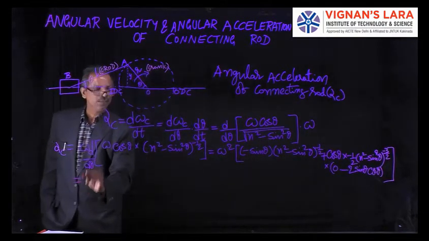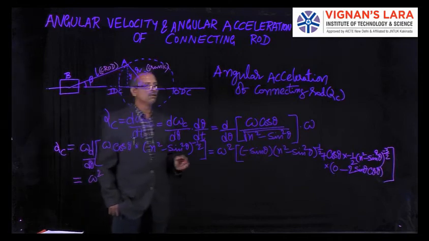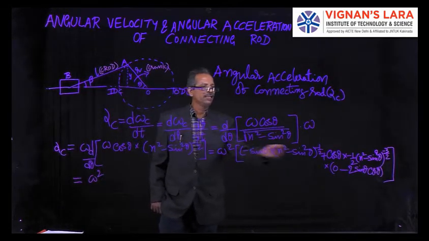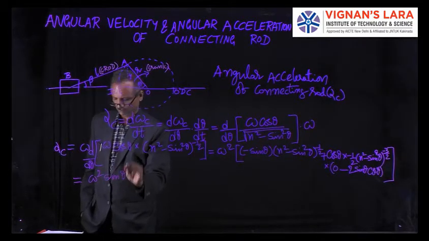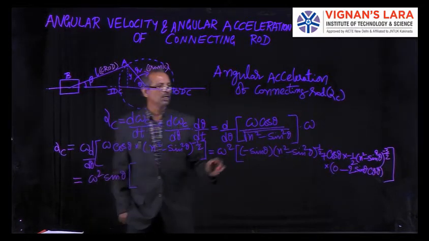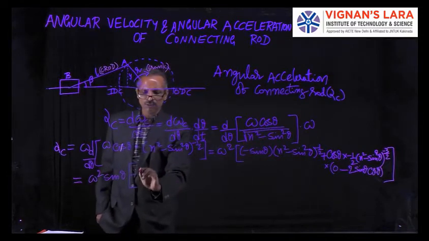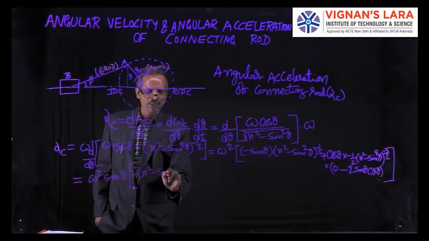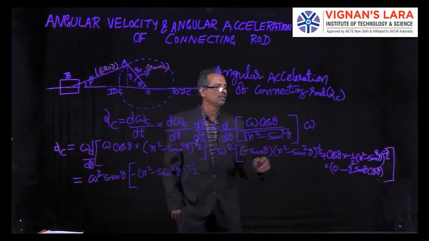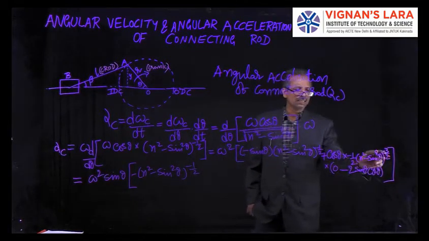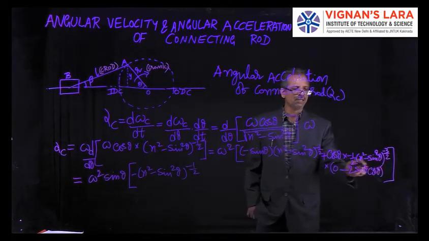So let us simplify. This is omega square, okay, so I will take sin theta term also outside, sin theta into what are the terms left inside? I have minus root over n square minus sin square theta to the power of minus half, then this is cos theta into minus half n square minus sin square theta into 0 minus 2 sin theta cos theta.